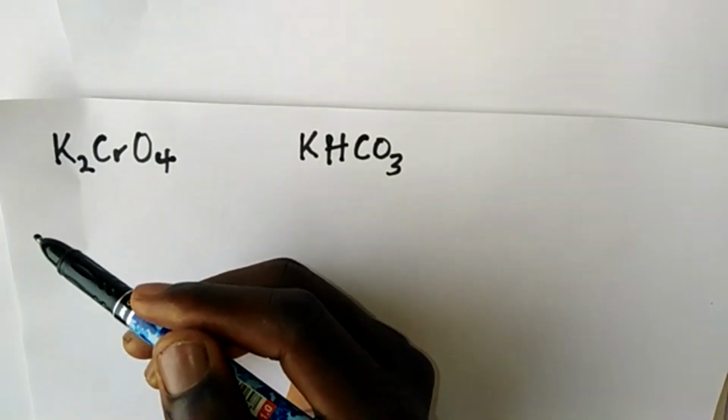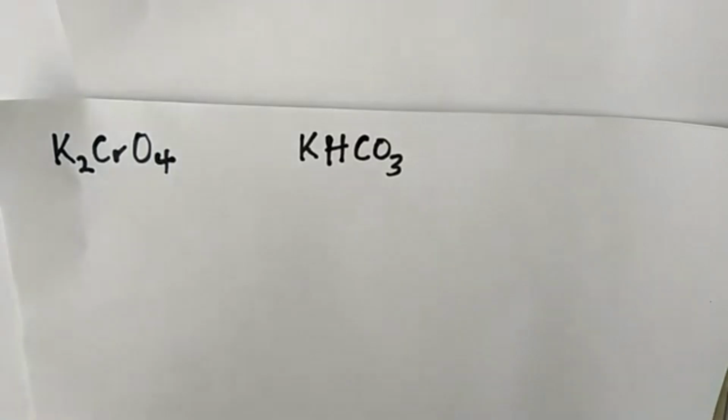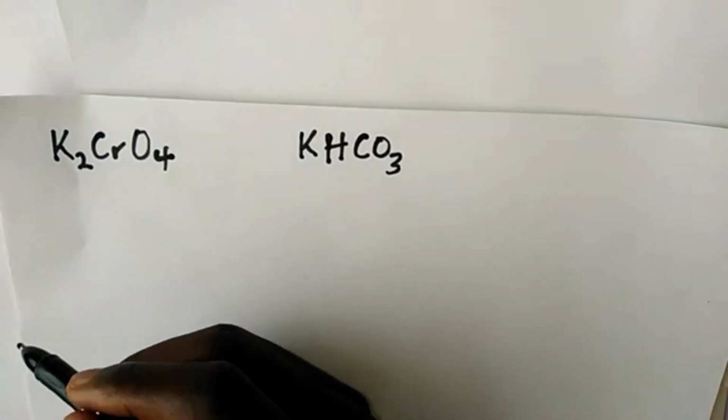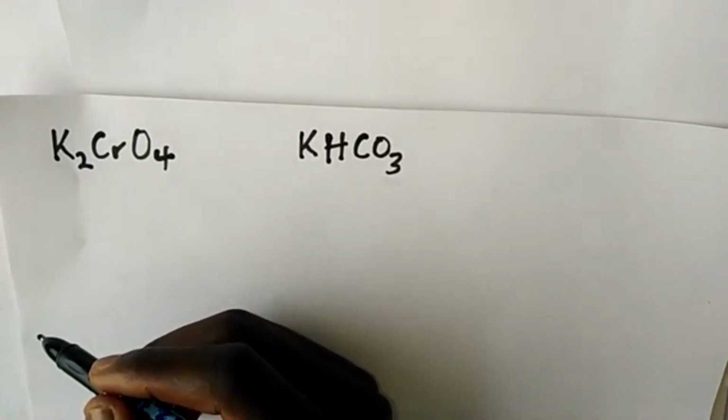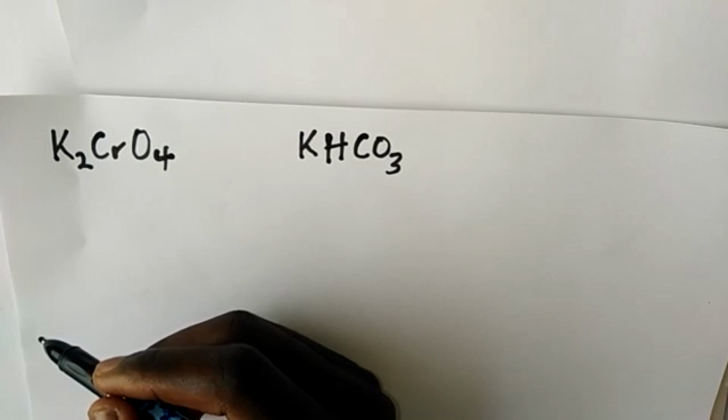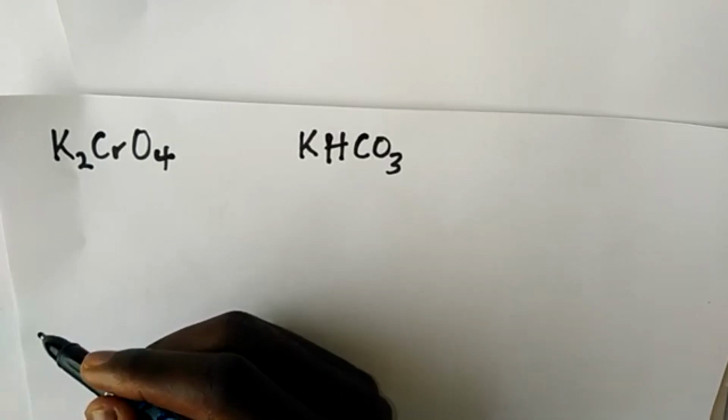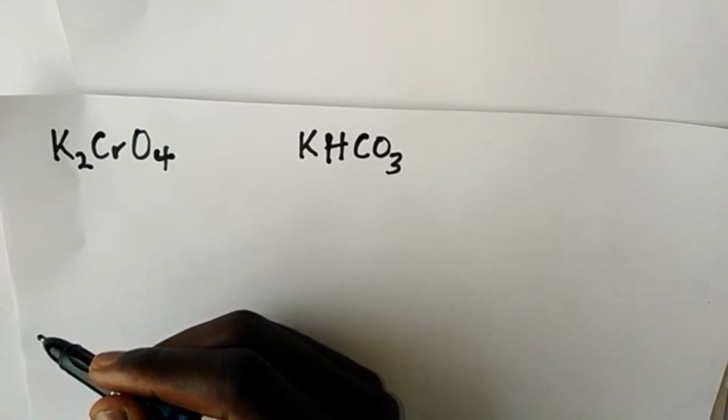We know the EN value of oxygen is 3.5. Now potassium, we know is in group 1, is less than 2.1, right?